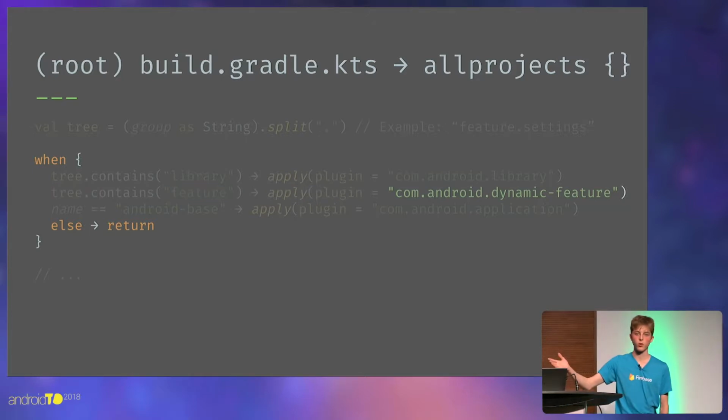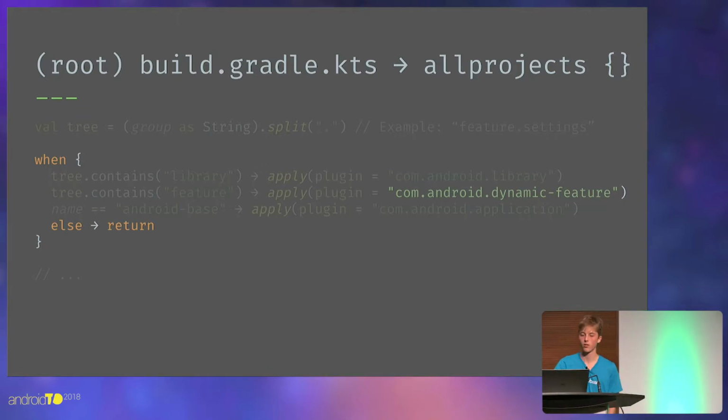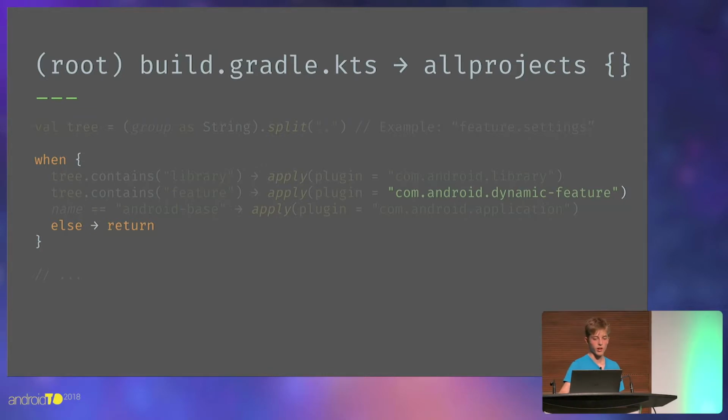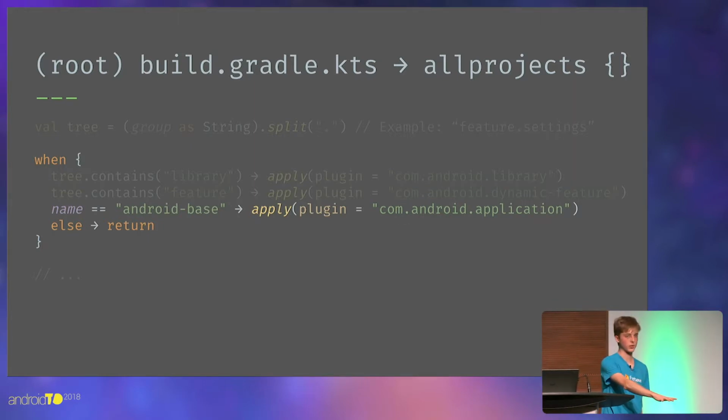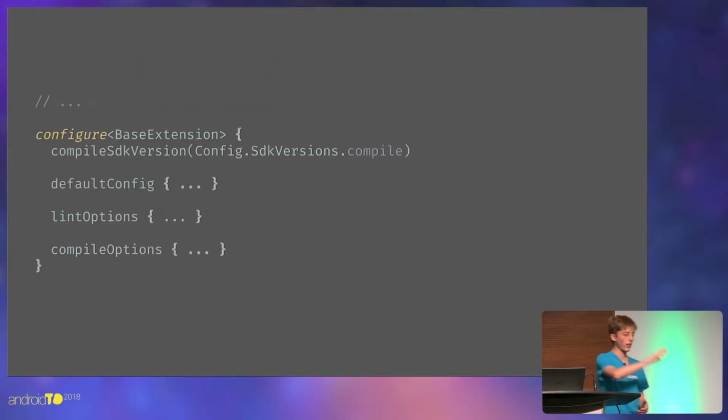And so if you don't want to follow this structure, that's basically the key change, is you're just going to be applying that plugin instead of a different one. And then if we're in our base, that's our usual application plugin. But by doing this, we have very little to configure for each individual module. Because then we can go back and have defaults, right?